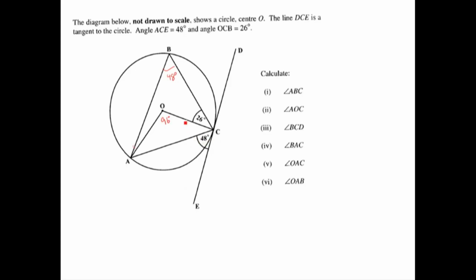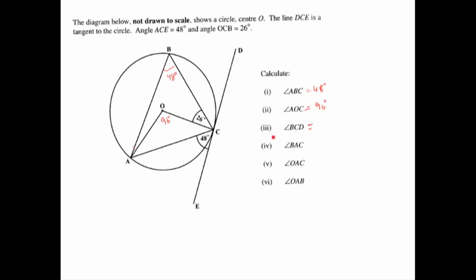The angle in the minor segment here is 48, and this angle over here in the major segment is 48 degrees. So we call this the alternate segment theorem. And this one is angle at the center is twice the angle at the circumference, so it's 96 degrees.